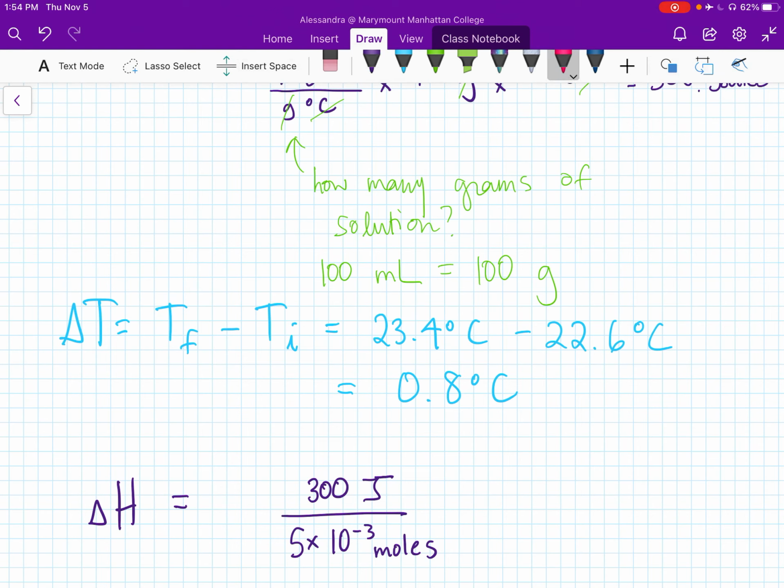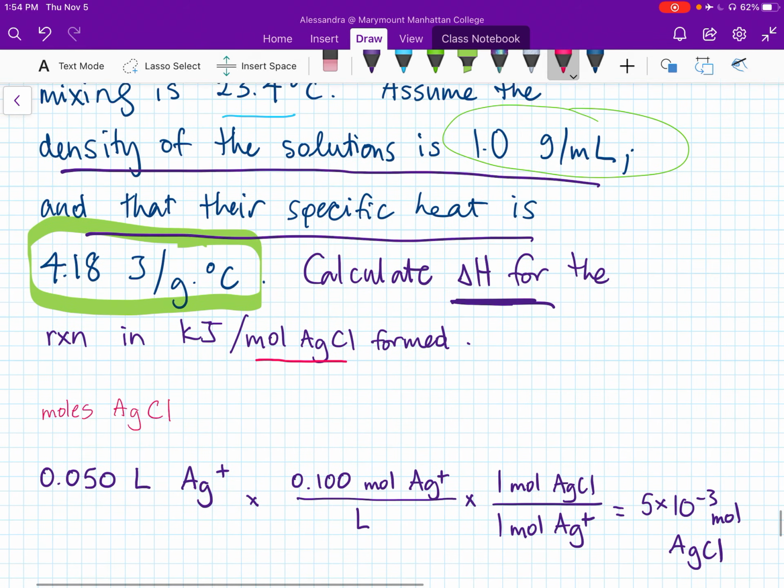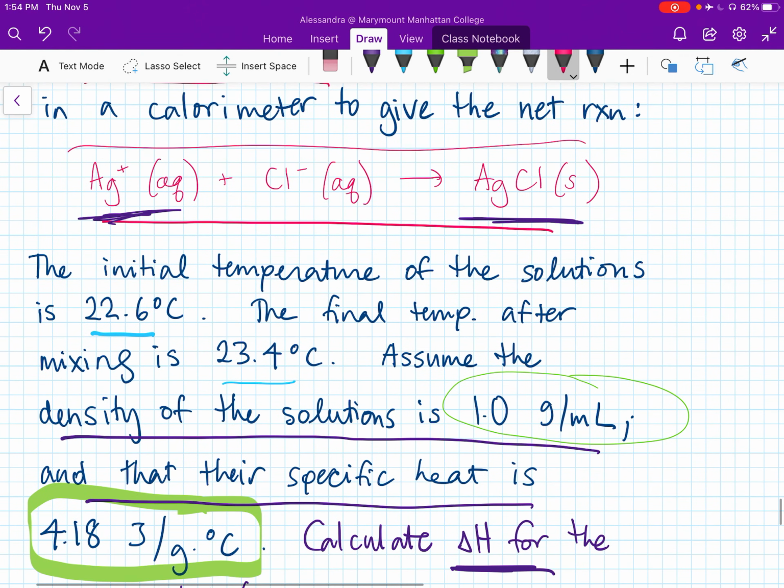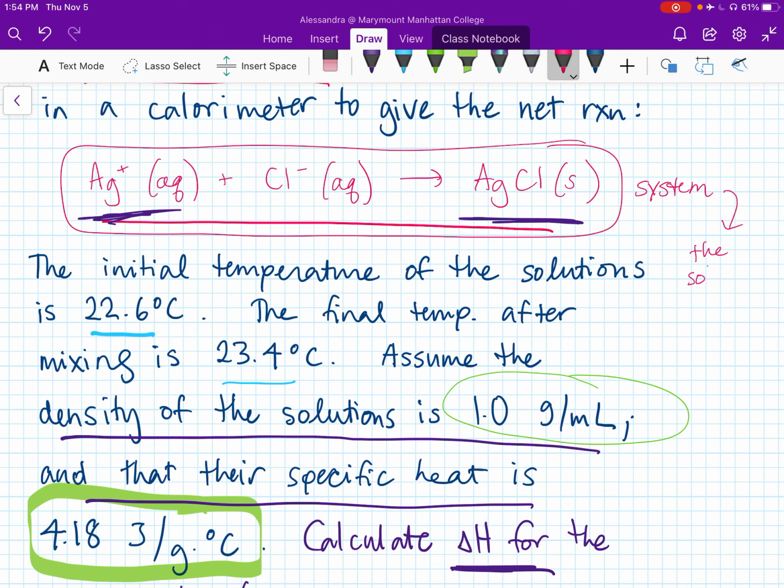I know that the solution is getting warmer. The solution here is the surroundings because the reaction is actually the system. Okay, so this reaction that I wrote down here, this is the system, and the water around it, the solvent basically, is the surroundings.